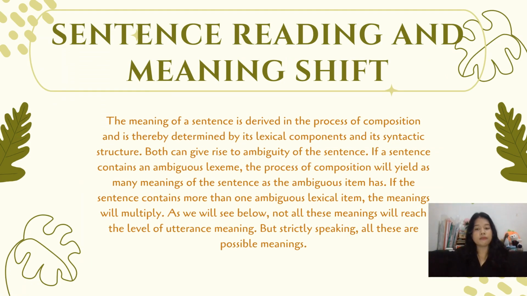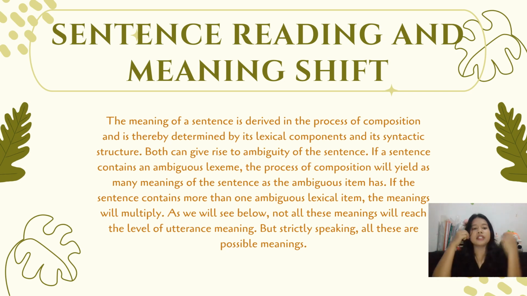Okay, now it's time for chapter 2, sentences: sentence reading and meaning shift. The meaning of a sentence is derived in the process of composition and is thereby determined by its lexical components and its syntactic structure. Both can give rise to ambiguity of the sentence.